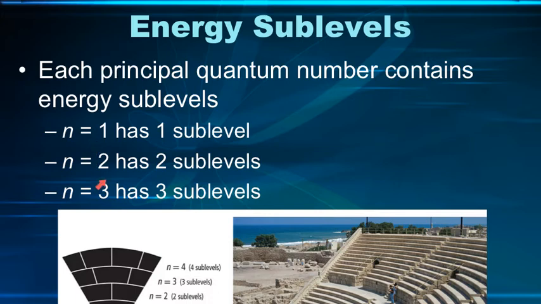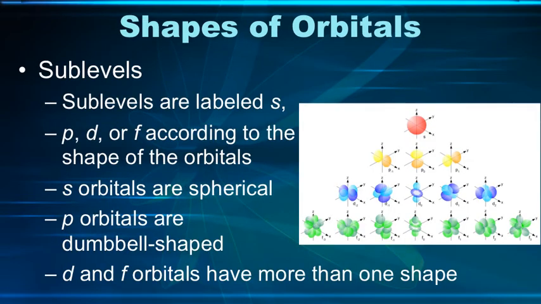And for whatever number it is, that's how many sublevels there are. So, for instance, n equals 1 has 1 sublevel, n equals 2 has 2 sublevels, n equals 3 has 3 sublevels, and so on. So they're kind of broken up as you keep fanning out from the center, which is kind of what's going on down here.